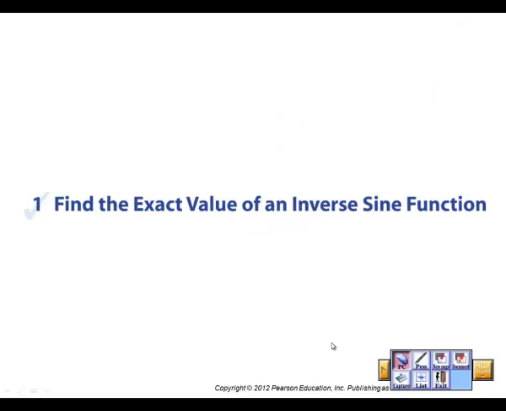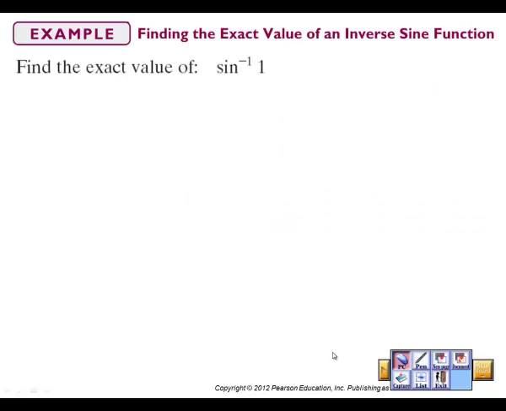Okay. Find the exact values of the inverse sine function. Here we have inverse sine of 1. The first thing we have to do is determine whether it is within our domain for inverse sine, between -1 and +1, which it is.